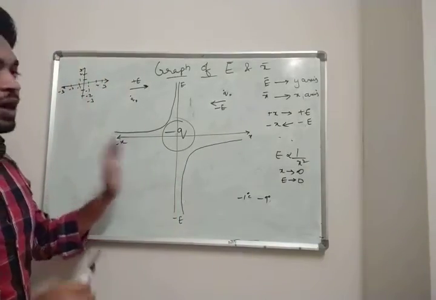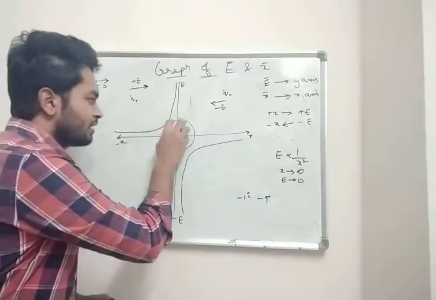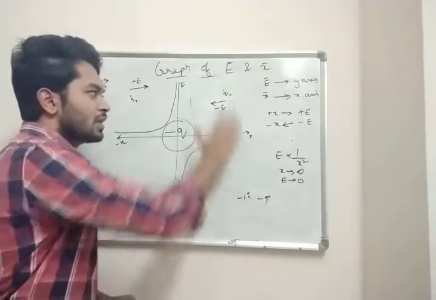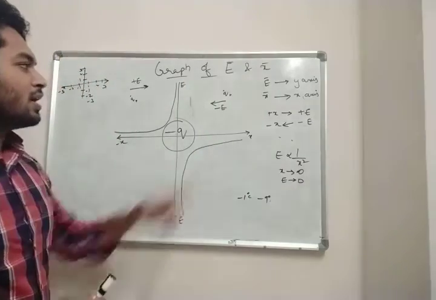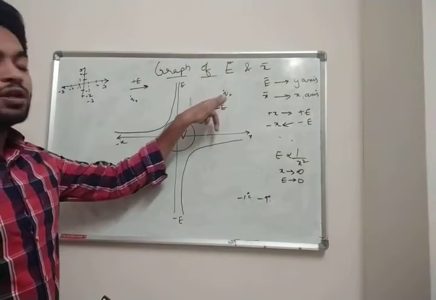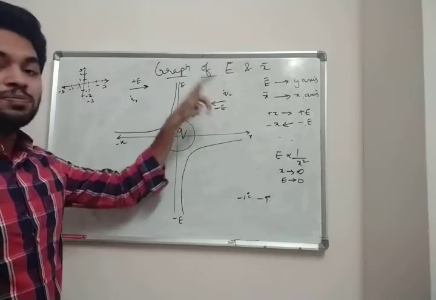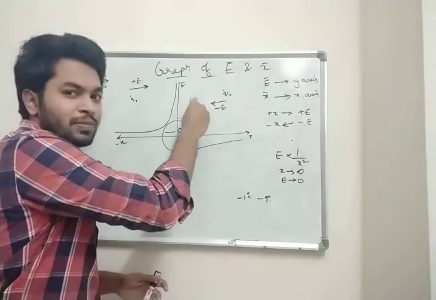So what happened here? You have a negative charge. In this case, electric field is in this direction. Why? Because your test charge is positive, so it gets attracted.